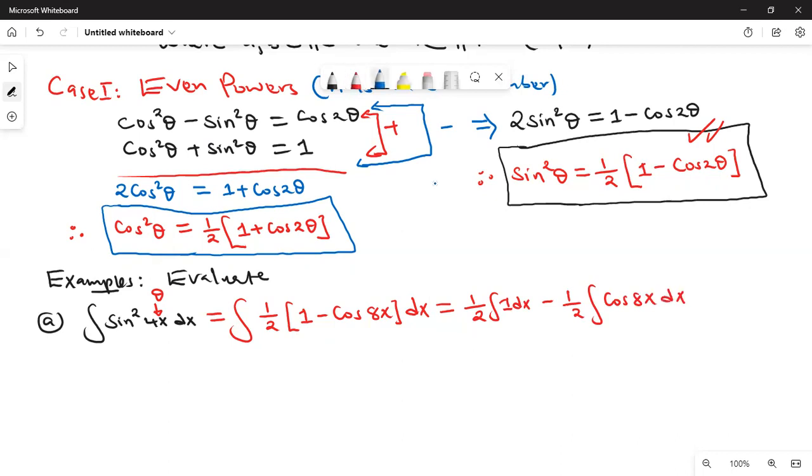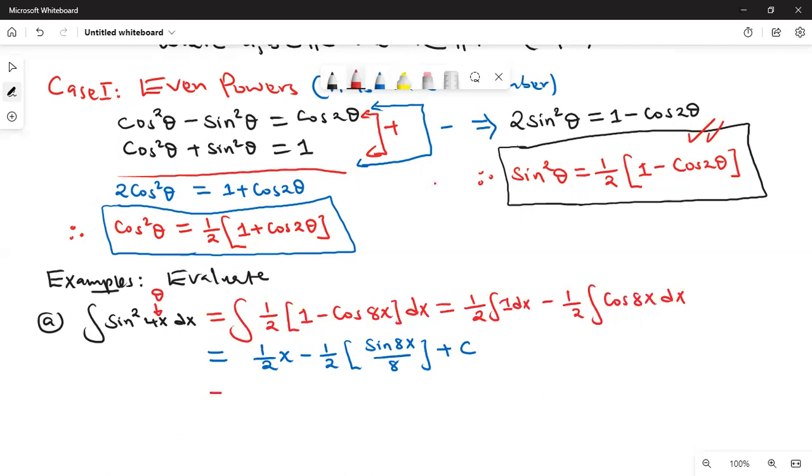So if I integrate, I'm going to get 1 over 2x. What did you differentiate to get cosine? It is sine. When you differentiate sine, you get cosine. So this is negative 1 over 2 times sine 8x over 8 plus a constant c of integration.